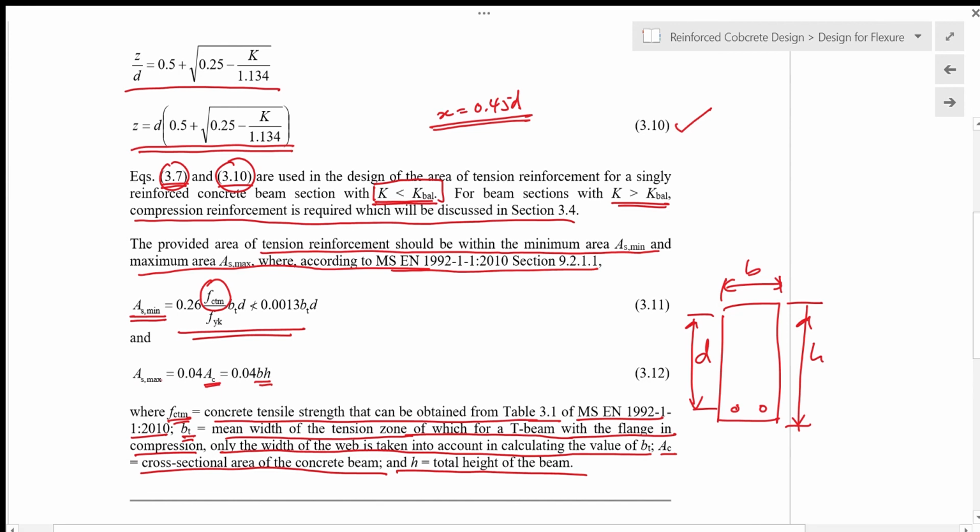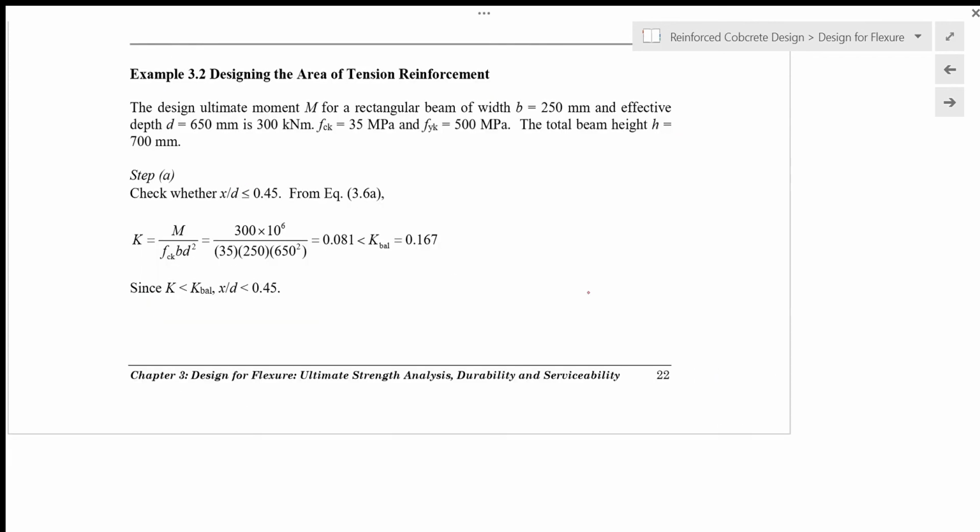And then As maximum is 4% of the cross-sectional area of the concrete, so it's 0.04 AC, which is 0.04 BH, right? Now let us look at one design example where we design the area of tension reinforcement for this beam.